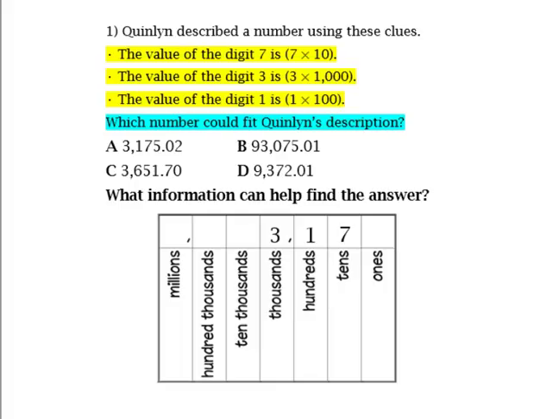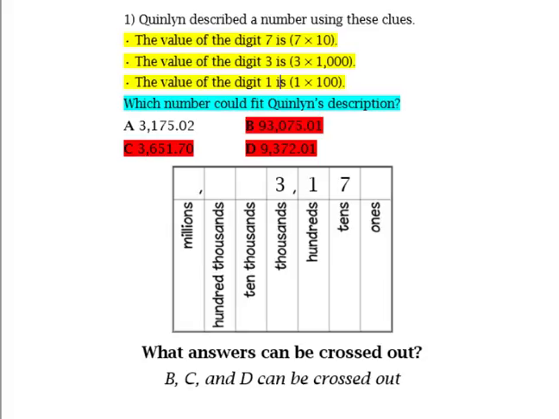Looking at our answer choices, are there any answers we can cross out that do not meet that criteria? If you said that B, C, and D can be crossed out, you are correct.